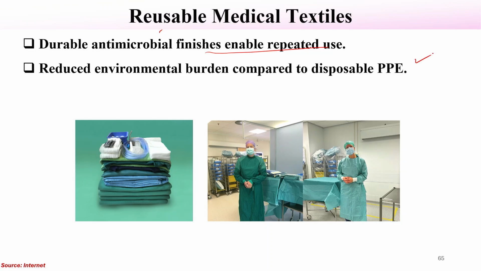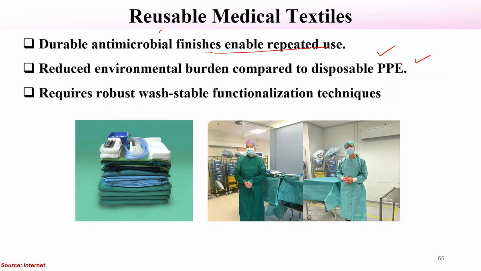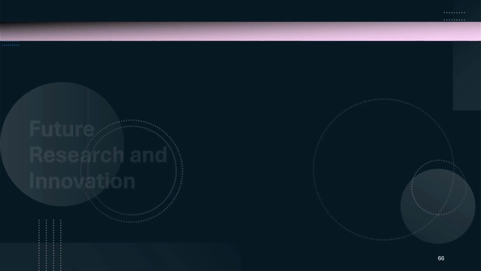So, we should target the reusable durable product, but we should take extreme precaution so that cross contamination should not be there. It requires a robust wash stable functionalization technique, so that the antimicrobial finish should not come out after washing.